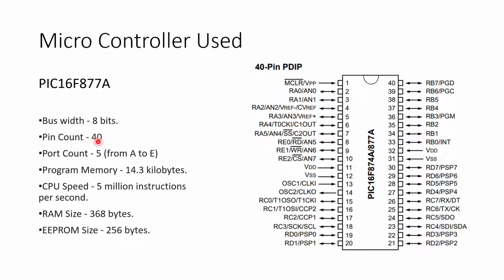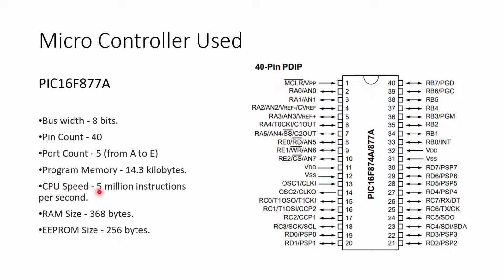It has 40 pins and 5 ports: Port A, Port B, Port C, Port D, Port E. Port E has 3 pins and the rest of the ports have 8 pins each.